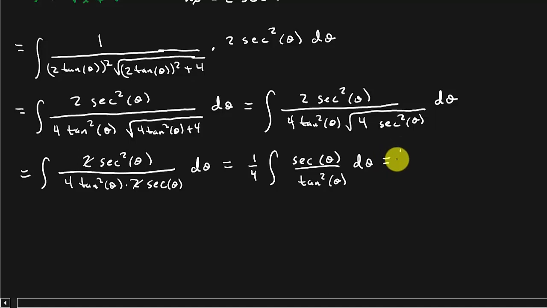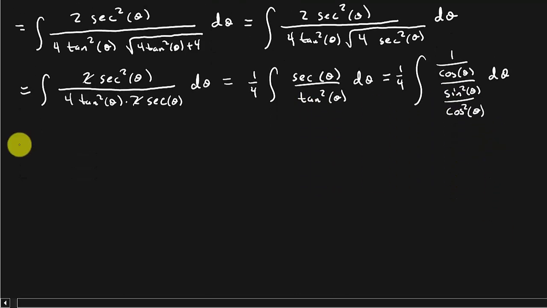Well, I think it's going to be best to rewrite everything in terms of sine and cosine. Secant theta is 1 over cosine, tangent squared is sine squared over cosine squared.